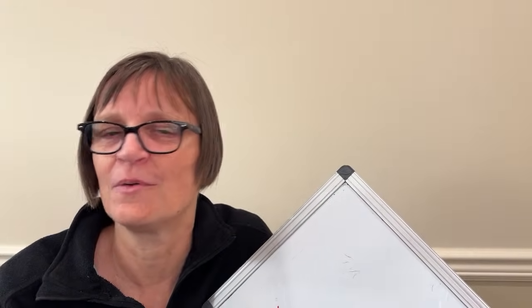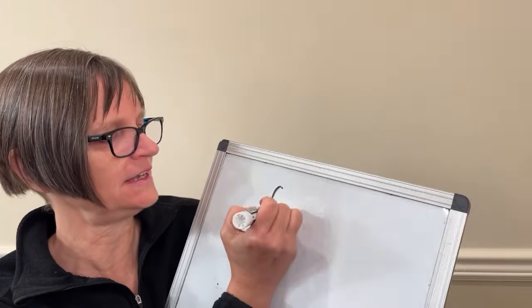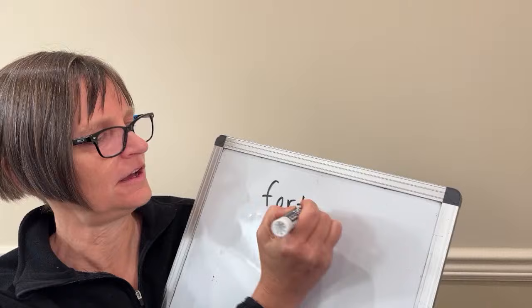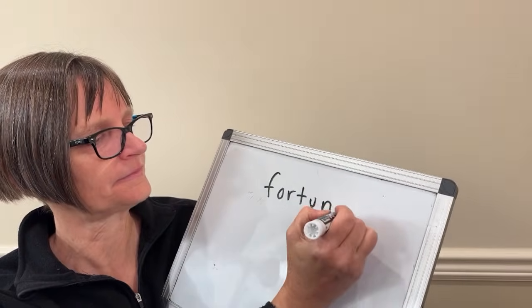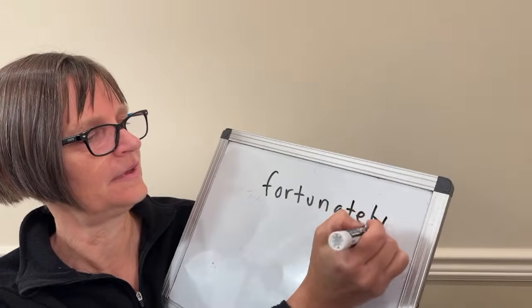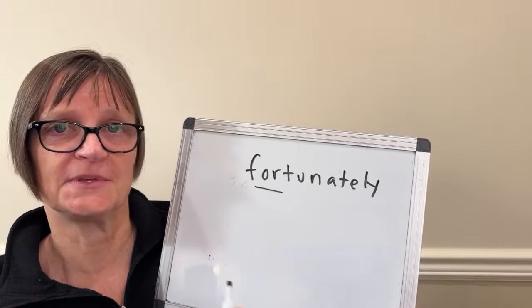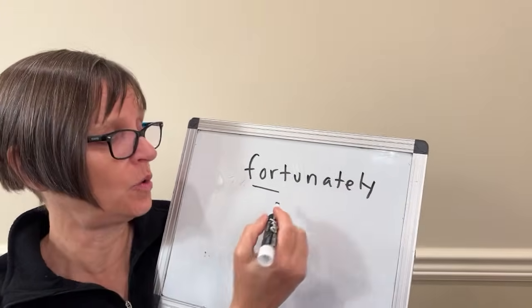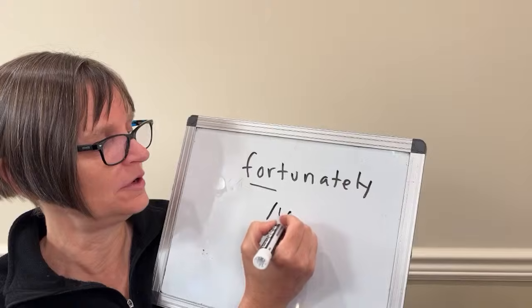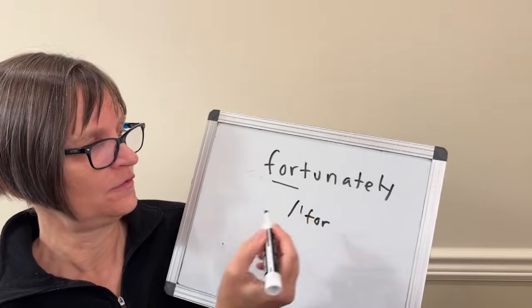Okay, welcome. We have one of our channel members here. He's asking about fortunately and unfortunately. So fortunately is going to be stressed on the for, which means the or is going to have its true or sound.